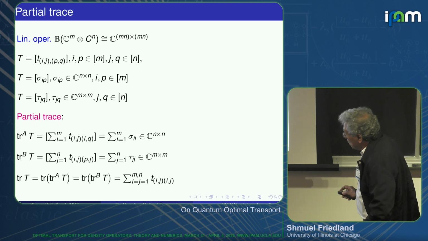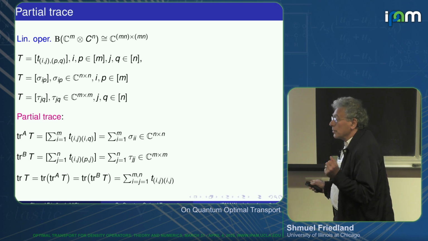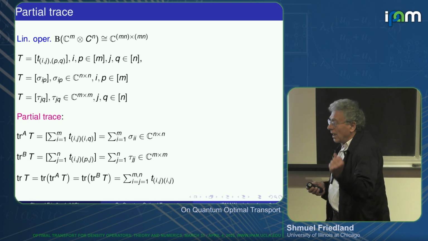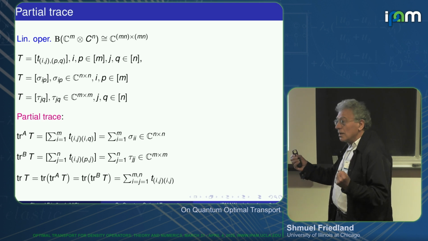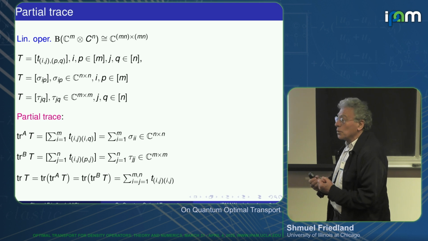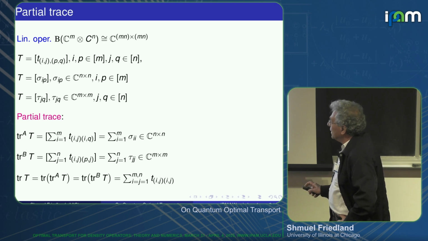So partial trace means that you have to think about two sides. Let's say Alice and Bob, and each one has a particle, but they are entangled. You want to know what is the particle that Alice has, without worrying about what Bob has.